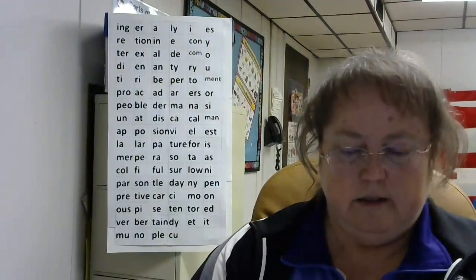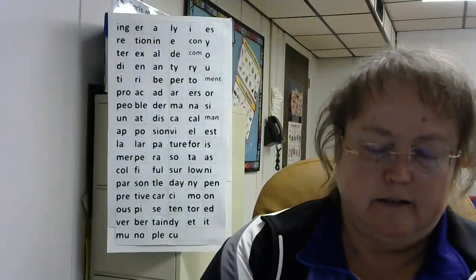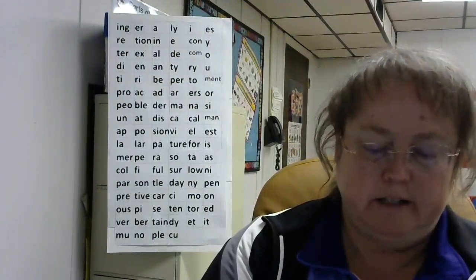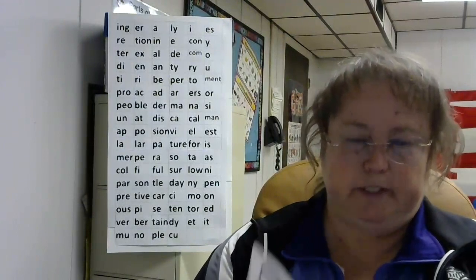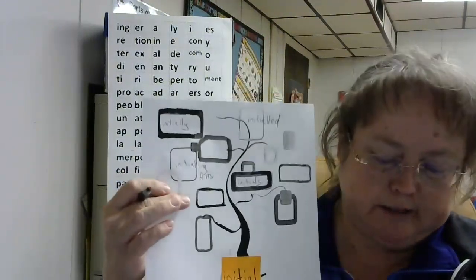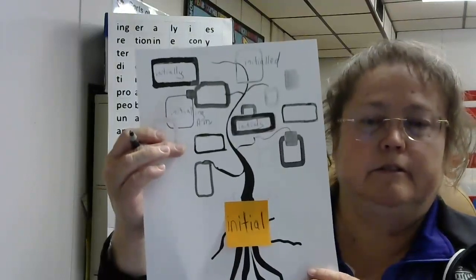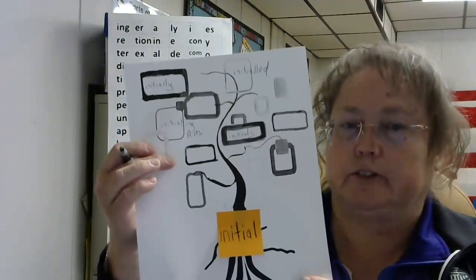Or I am initialing the front of this paper right at this moment. And I'm going to show you. See? I am initialing the front of this paper. There's my initials again. Okay. So those are the family words of initial.